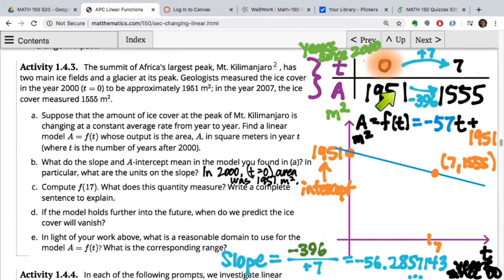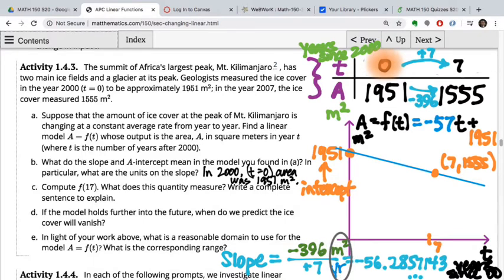We took 1555 minus 1951. Those are both meters squared quantities. We subtracted them, so this numerator is a meters squared quantity. And when I subtract the 7 and the 0, those are both numbers of years, so when I subtract them, I get a number of years. And so the units on my slope are staring at me in the face right there. Meters squared divided by years.